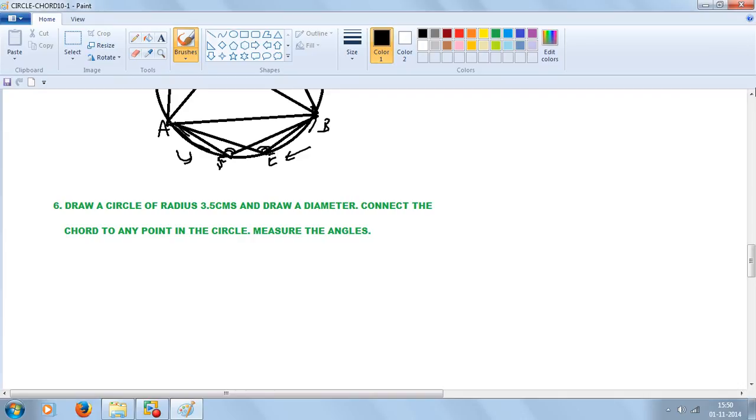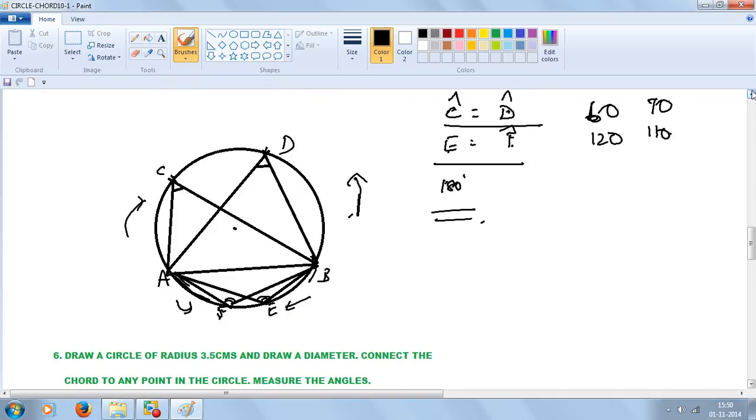So an extension of it: what will happen if it is a diameter? Suppose we are having a circle, instead of a chord, it is passing through center O. So what about this angle?